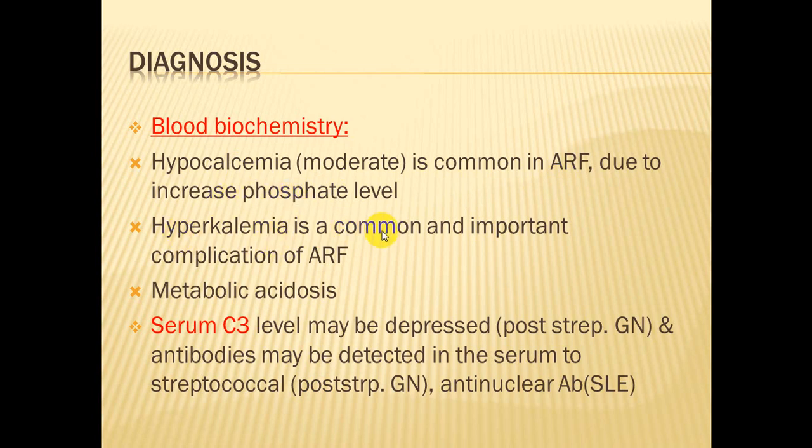Hyperkalemia is the common and important complication, one of the emergency complications of acute renal failure. Or there will be metabolic acidosis, and if we send the C3 we are searching for the primary cause of the renal failure. If it is decreased, it means post-streptococcal glomerulonephritis or SLE. We check antibodies in the serum for streptococcal infection like ASO titer, or antinuclear antibody for SLE.